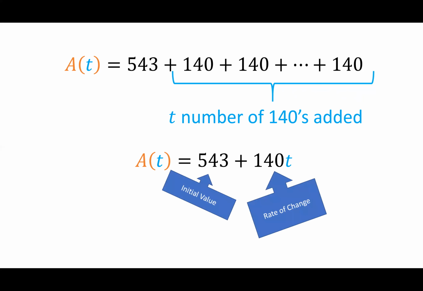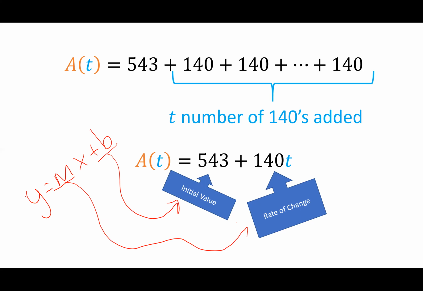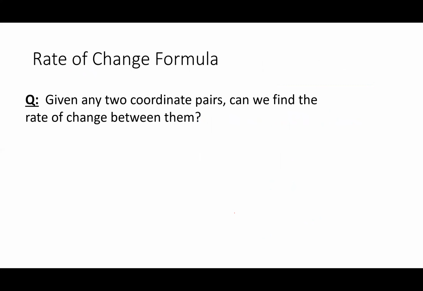My initial value, that's what I started with. I started with 543. That's just going to be my constant. And the rate of change is going to be attached to the variable by multiplication. It's almost like we've set up an equation that looks kind of like y equals mx plus b. There's your b value. There's your m value. It's almost like this isn't made up.